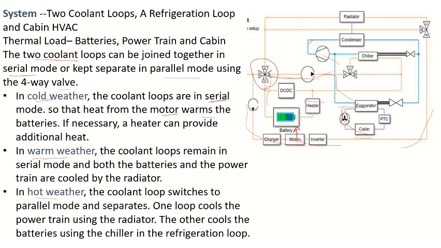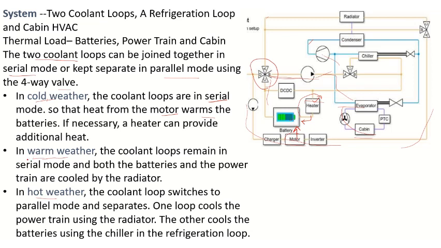The motor itself is producing heat for the battery. And if the heat produced by the motor is not sufficient, then the heater will be enabled, and the heater will produce enough heat for the battery. So under cold weather conditions, how are we getting the heat? Either from the motor or from the heater.